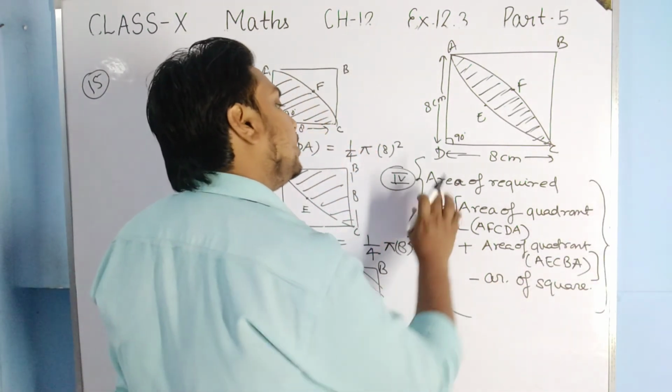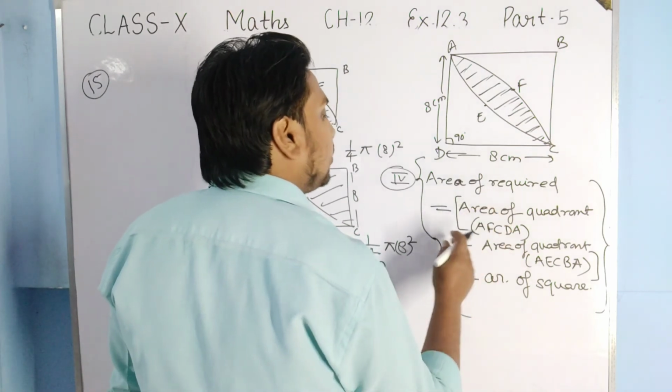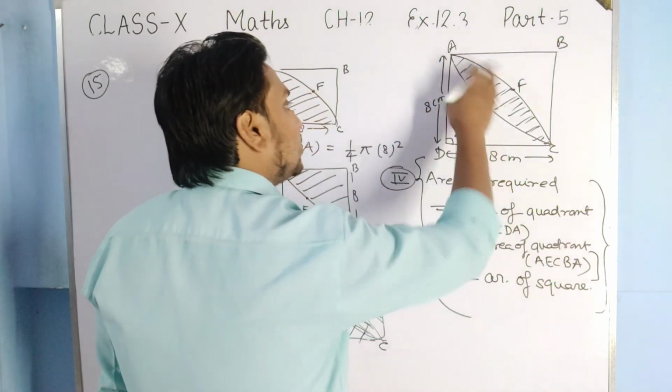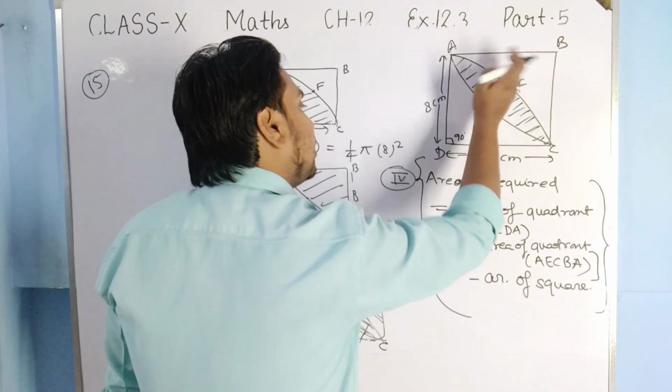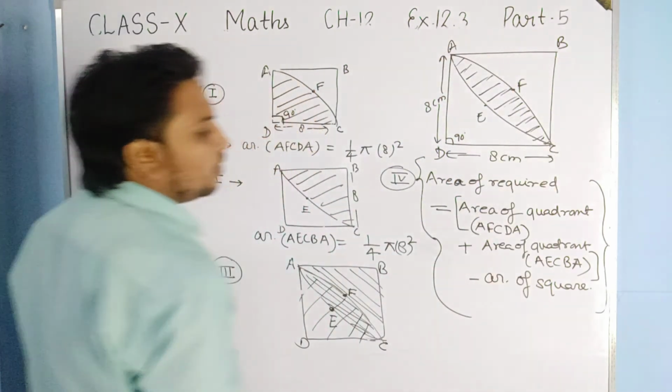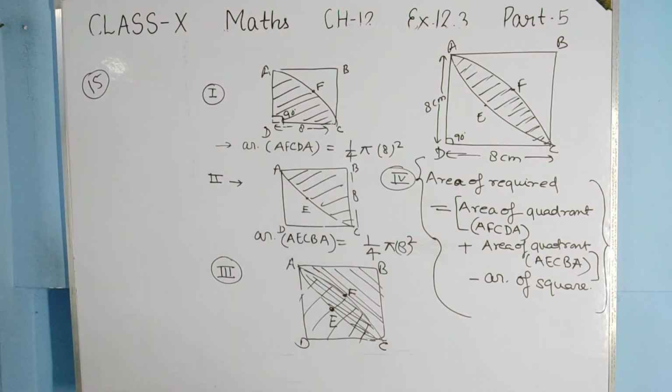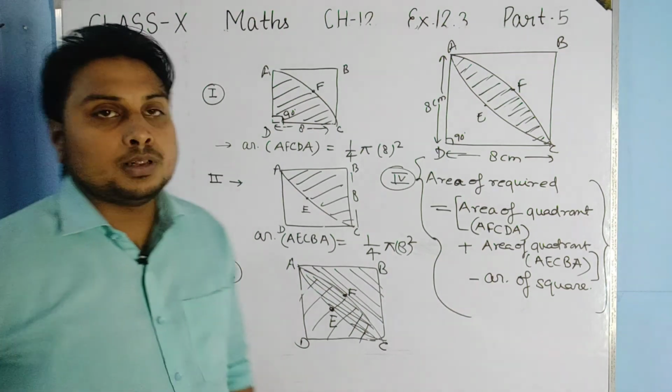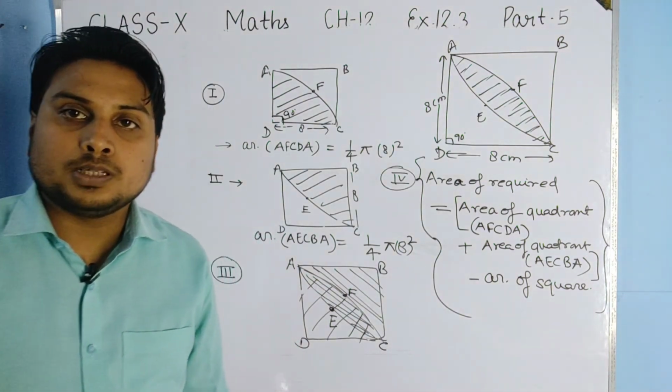Area of required region is equal to area of this quadrant plus area of this quadrant minus the area of the square. Students, this concept will be used to solve this question step by step.